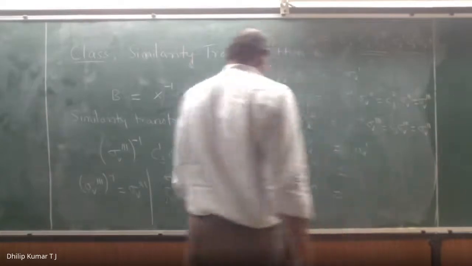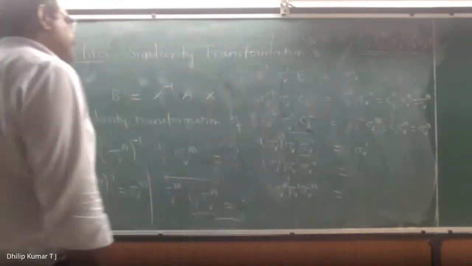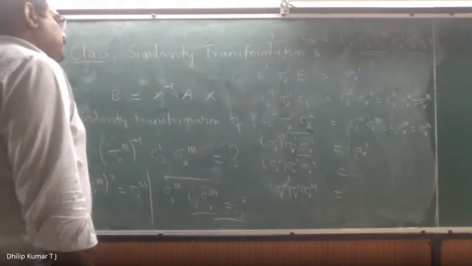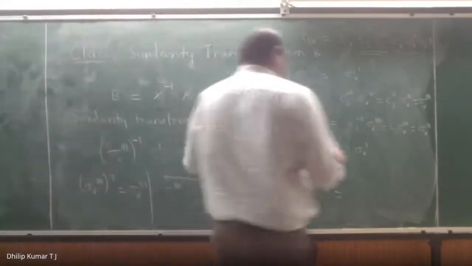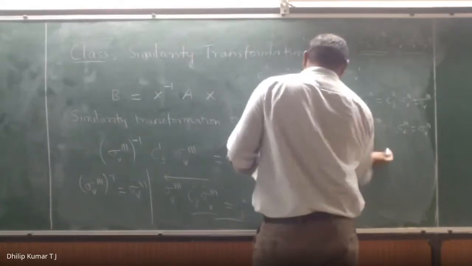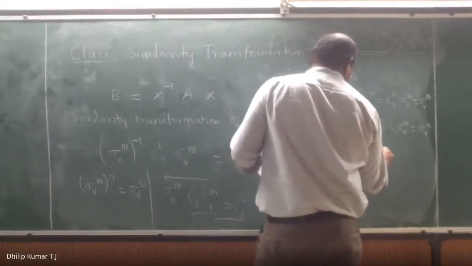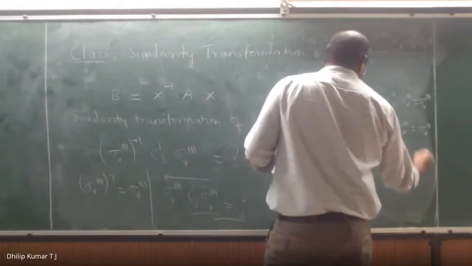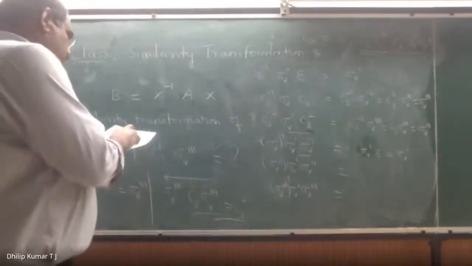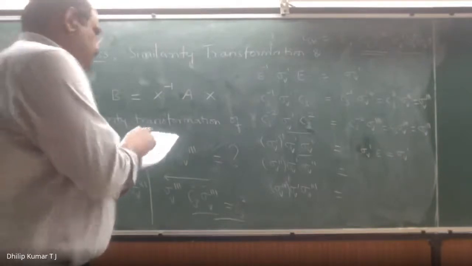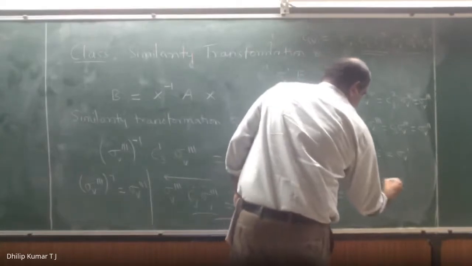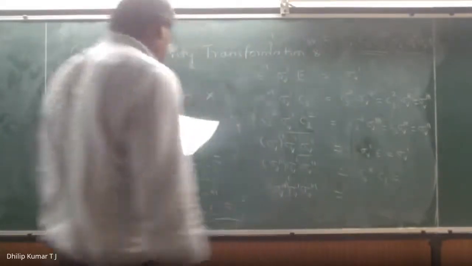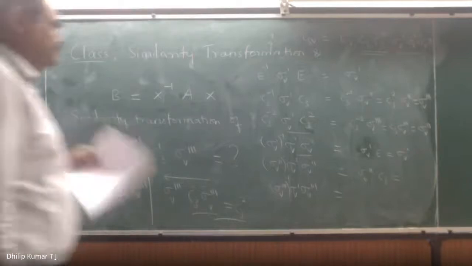Fine. Sigma V into sigma V, what does it give? E. And then sigma V double prime multiplied by sigma V prime gives C3.